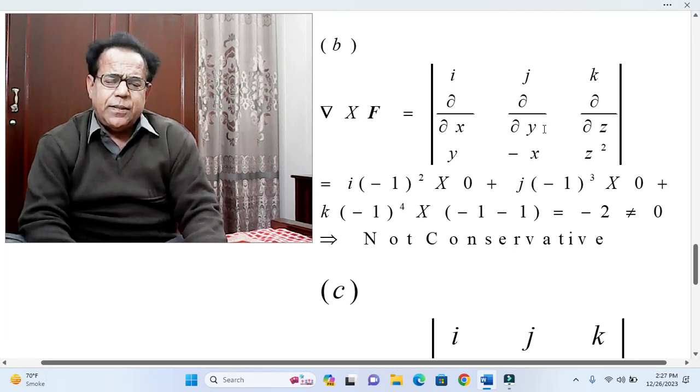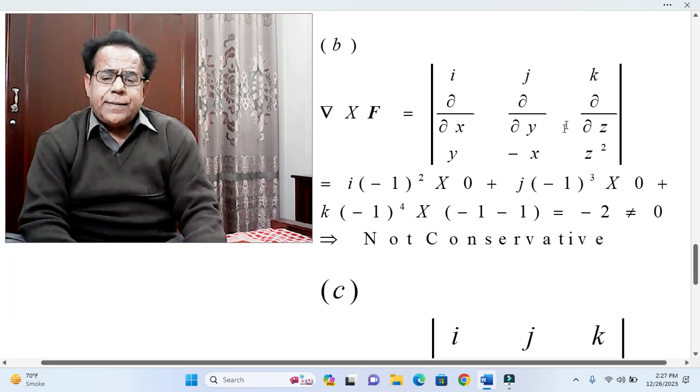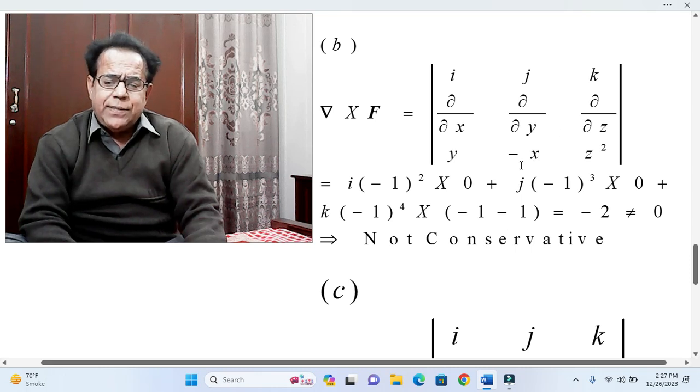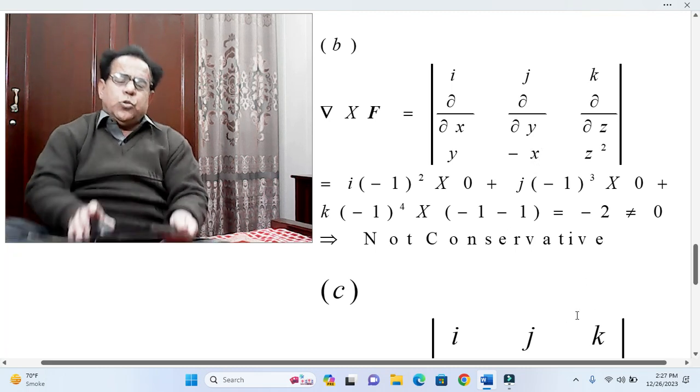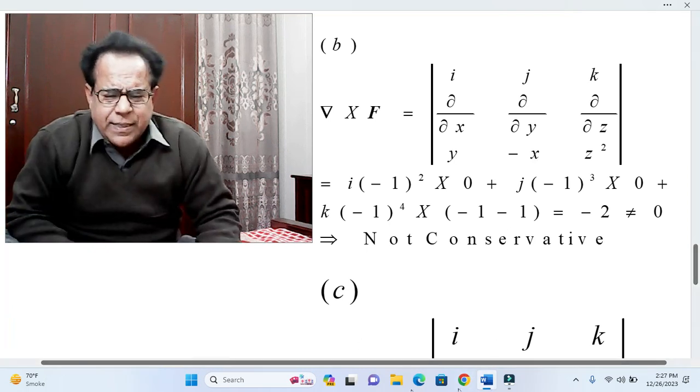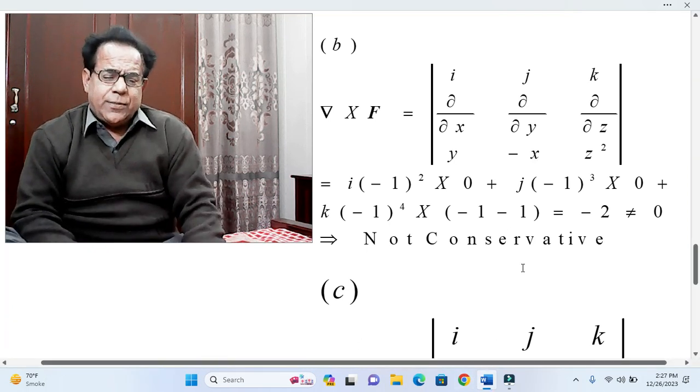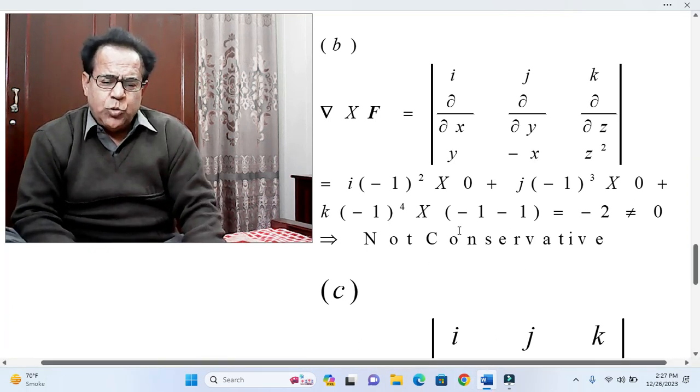So this is 0, and the partial derivative of x with respect to z is always 0, with respect to y is also 0, only with respect to x will it be -1. So similar is the case with the other, and hence dear students, 0 into 0 into minus 1 minus 1.